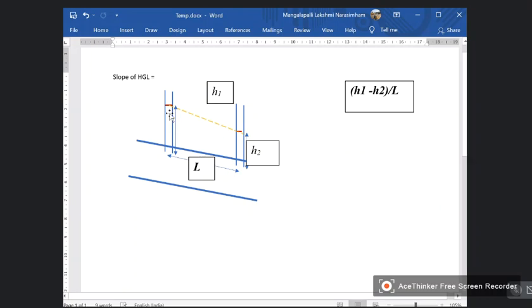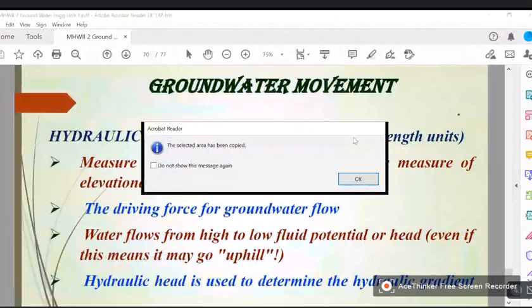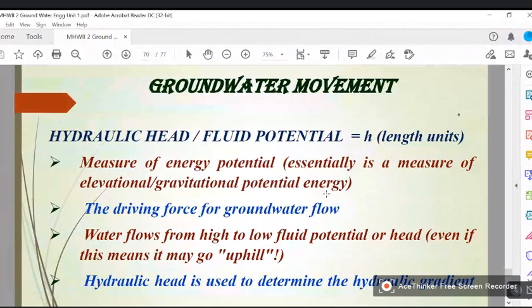So in the same way, if you replace this pipe by your aquifer, the hydraulic head is defined as H. That is the difference between the piezometric levels.